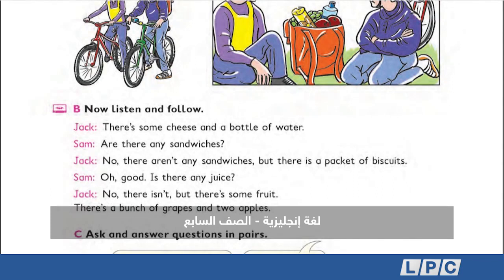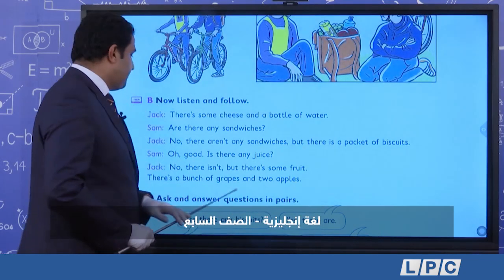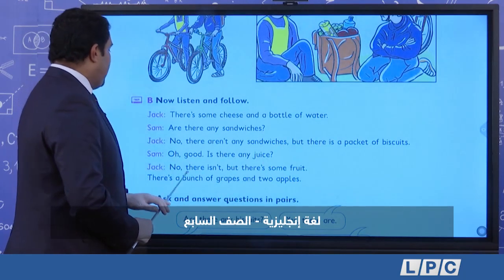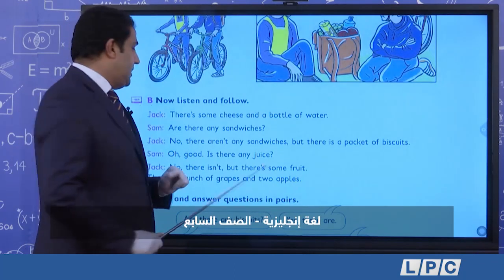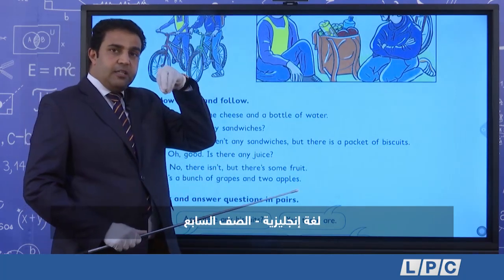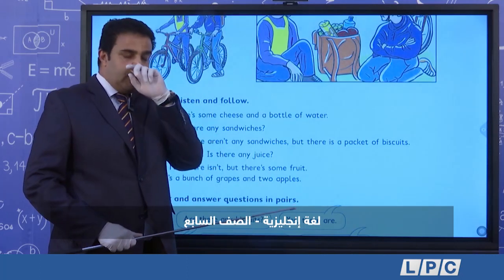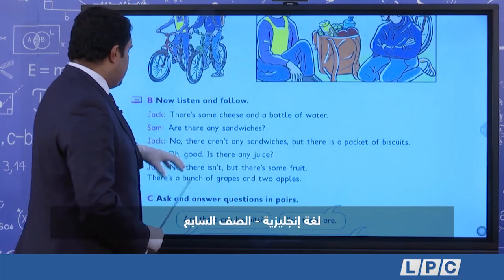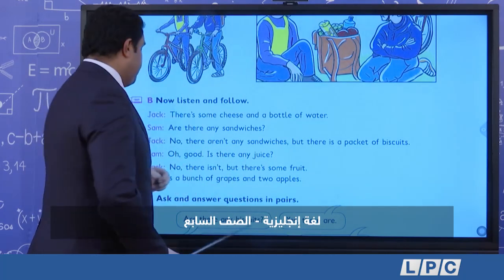Jack: No, there isn't. But there is some fruit. There is a bunch of grapes and 2 apples. There is a bunch, يعني عنقود, a bunch of grapes and 2 apples.